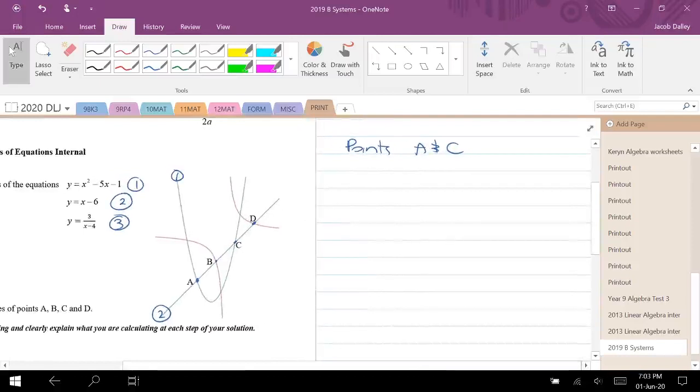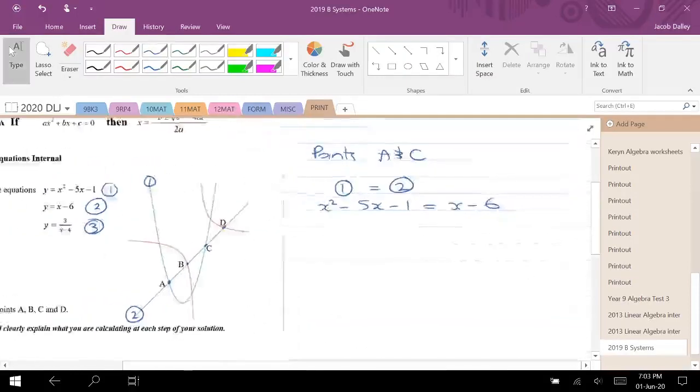To do that, we're going to set equation 1 equal to equation 2, so the parabola equal to the line, and we're going to get x squared minus 5x minus 1 equals x minus 6.